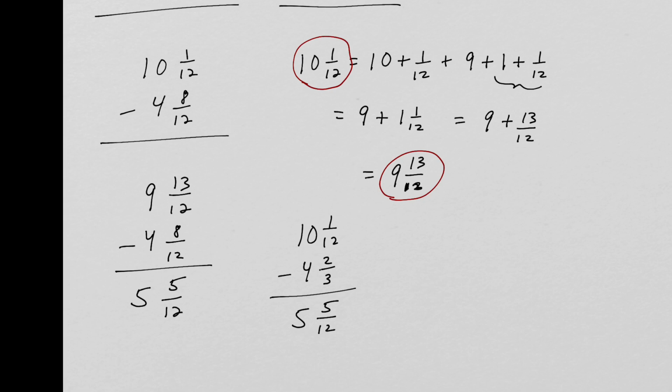Okay, now another way of doing this, so we worked with the mixed numbers directly, right? You could, if you wanted to, convert the mixed numbers to improper fractions. You could add them or subtract them as fractions, and then at the end, convert back to a mixed number.